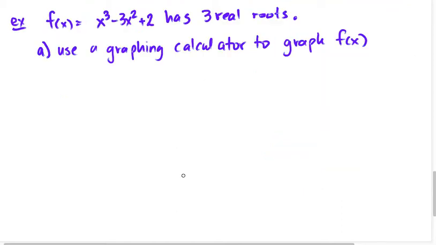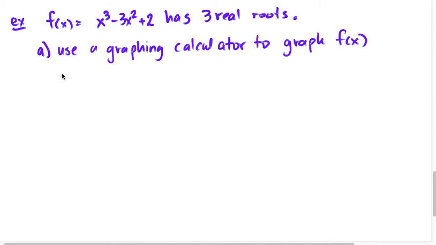Okay, we'll start with f of x being this cubic function, and cubic functions have up to 3 real roots. This one has 3. We can confirm that by doing part A, which is to use a graphing calculator to graph f of x. Go ahead, grab your graphing calculator, pause the video, and graph f of x.